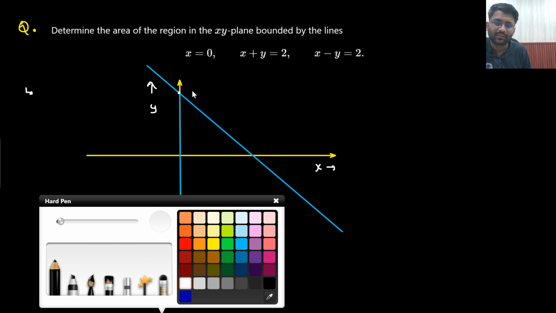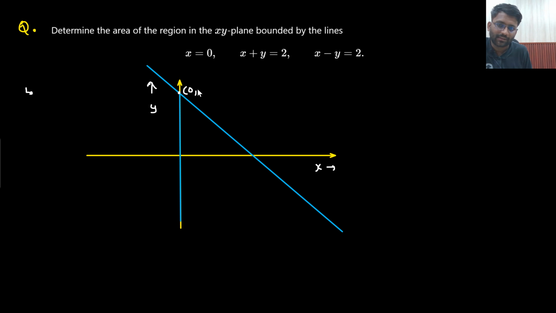So this is x equals 0, y equals 2. This is x equals 2, y equals 0. Right? x minus y equals 2 could be written as y equals x minus 2.